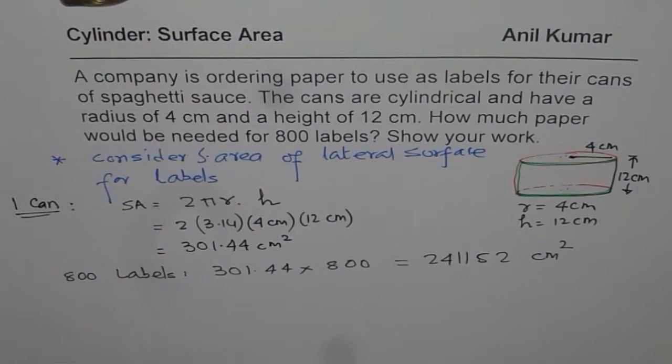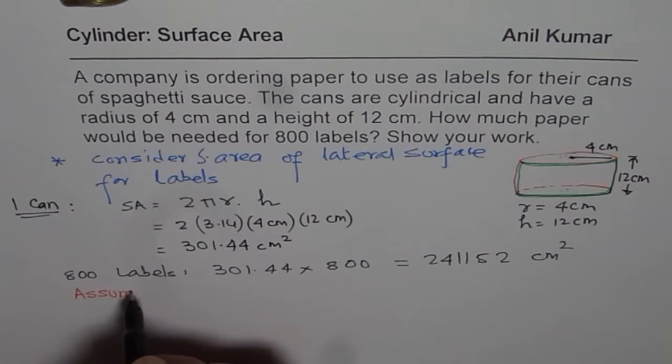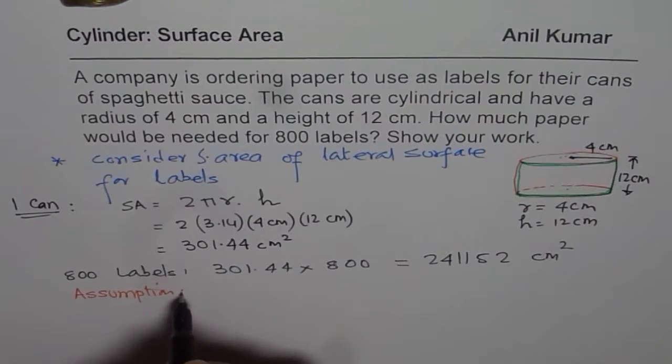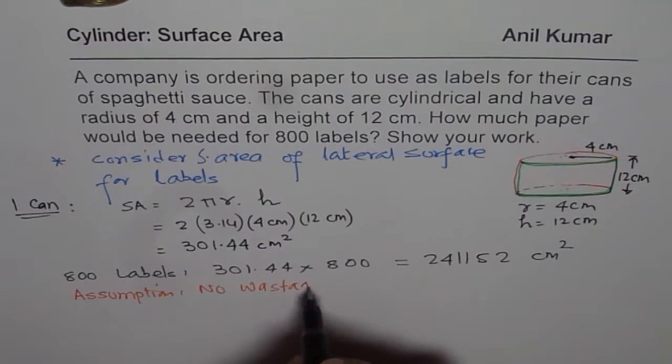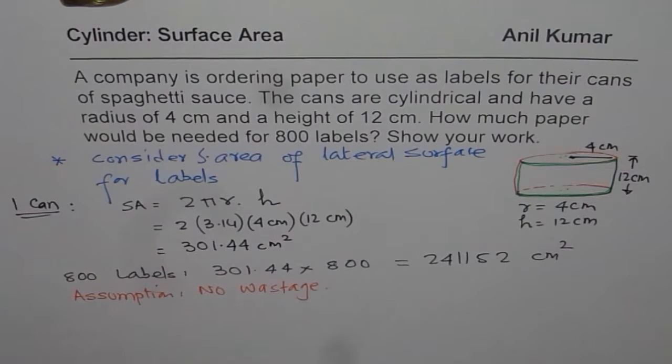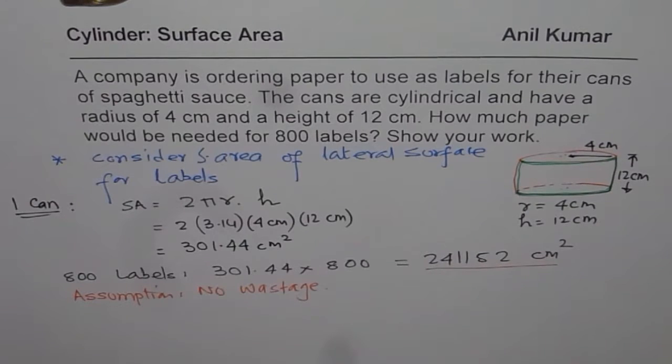So an important thing is another assumption here. Let's write the assumption: no wastage. That is our assumption in this particular case. We have actually solved the question and we know this much is the amount of paper required.